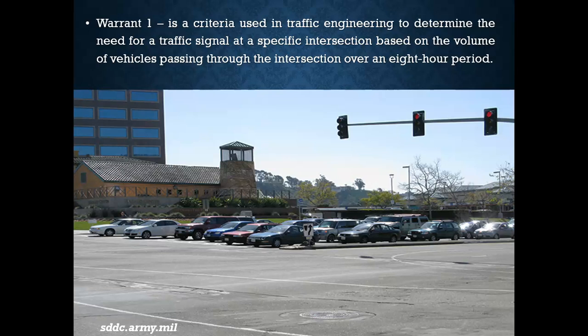So this is why there is a need for warrant one to determine the minimum vehicle volume that has to pass through a particular intersection within an 8-hour period to determine if there is going to be a need to have the traffic signal in that location or intersection or not.